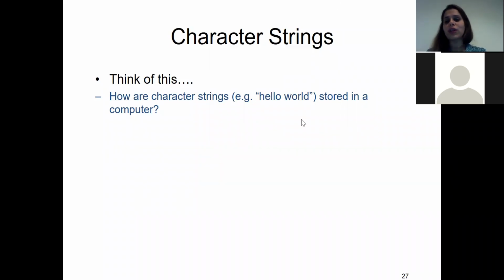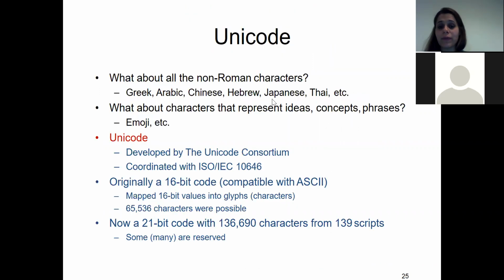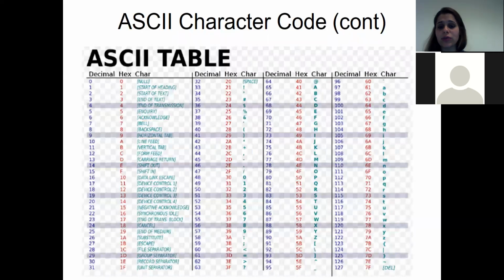This is just to think about at home. It's not a homework, but you may think about it. How could we translate this to a machine language? So you go to the ASCII code, you check H, which number is in front of H, which number is in front of E, which number is in front of L. So for example, if we go to the ASCII code, which is the easier one, we have hello.